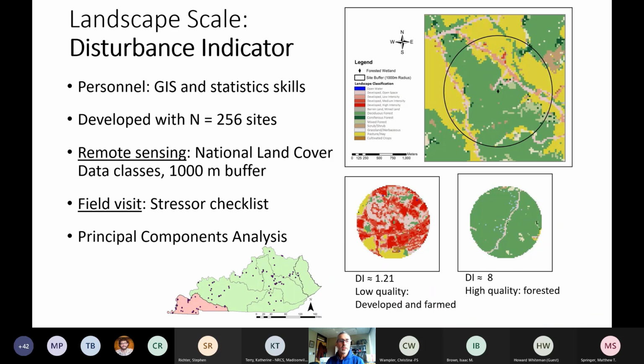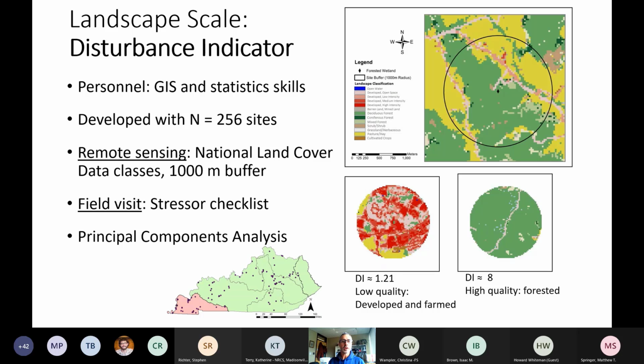So at the landscape scale, in Kentucky, we've developed something that we call a disturbance indicator. We don't call it an index because as an indicator, it really is specific to the data set that goes into it. So you can't just take a new wetland site and calculate the disturbance index value.